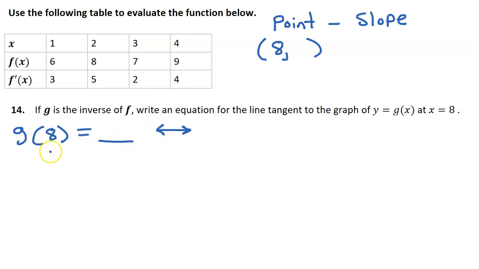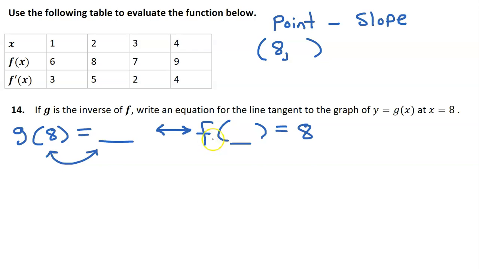If I reverse the 8 and the blank spot, then I should be talking about function f. So for function f, f at the blank should equal 8. I'm rewriting this in terms of f because I have a chart for f, so I should be able to answer the question using the chart.